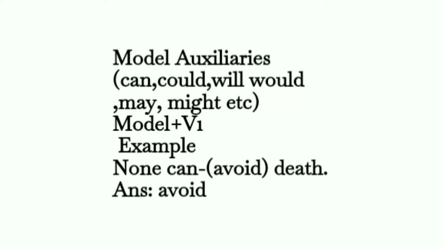For example, none can avoid death. Here, we can see the modal auxiliary can and the verb is avoid. The answer will be avoid. Here, we use the base form of the verb.